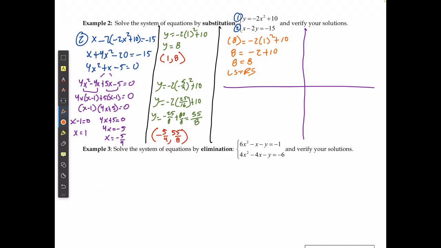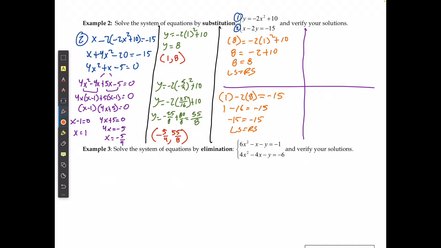First solution in the second equation is going to give me 1 minus 2 times 8 is equal to negative 15. 1 minus 16 is equal to negative 15. And negative 15 is equal to negative 15. And my left side is equal to my right side. And this one works as well.